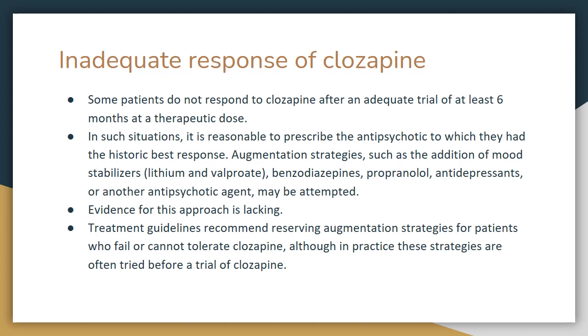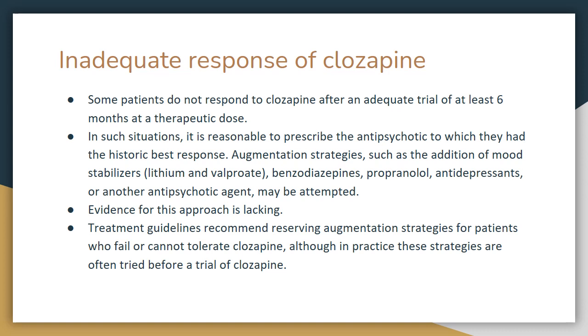In some patients, clozapine is non-responsive or shows an inadequate response. Some patients did not respond to clozapine after an adequate trial of at least 6 months at a therapeutic dose. In such situations, it is reasonable to prescribe the antipsychotic to which they had the historic best response.